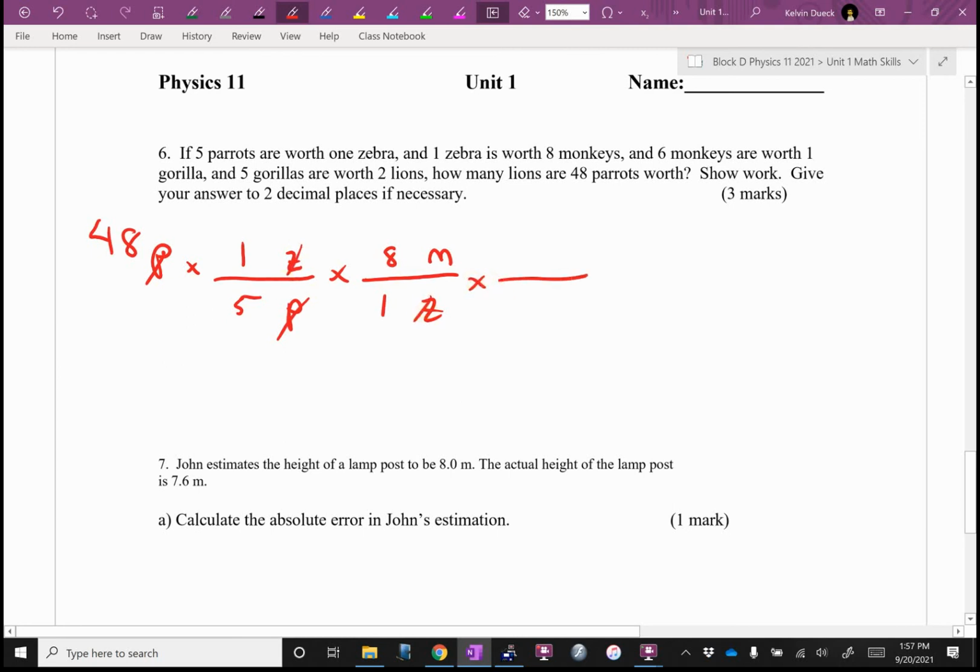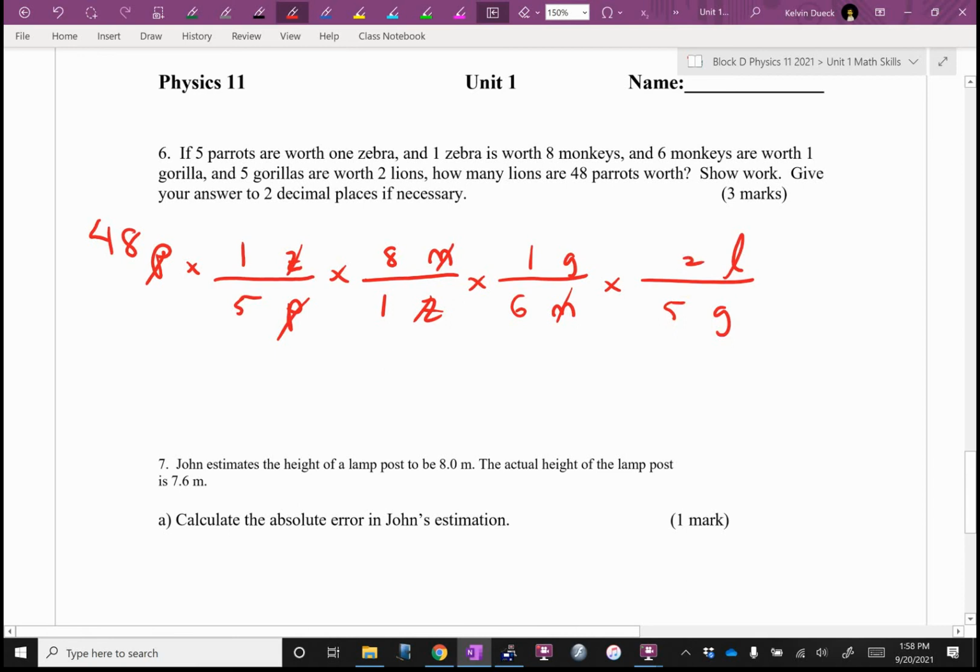What can I change monkeys into? What's the conversion factor here? I guess 6 monkeys, 1 gorilla. What can I change gorillas into? Lions? I'll do a cursive L so you know it's not a 1. What's the conversion factor here?